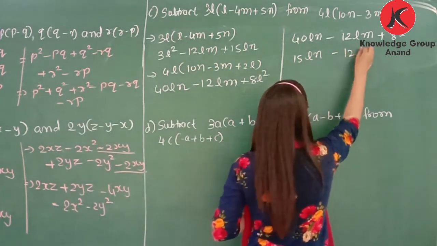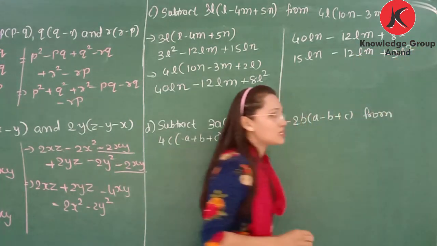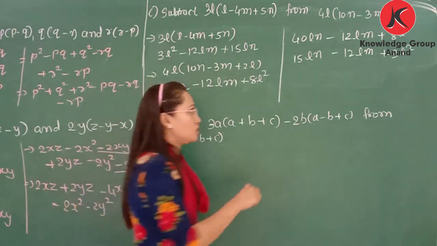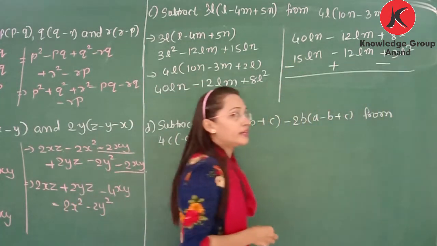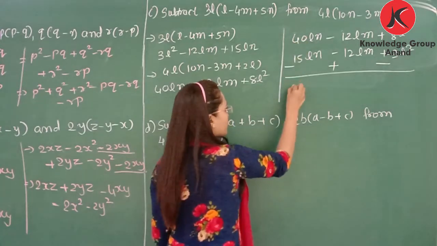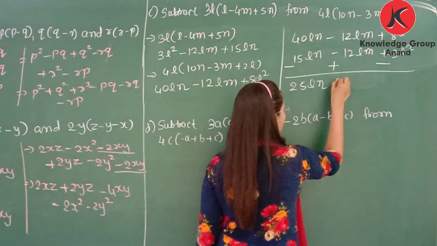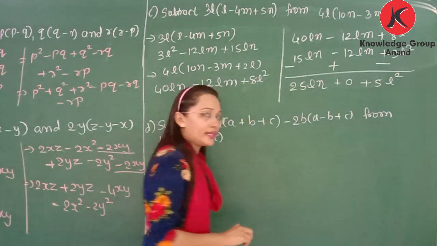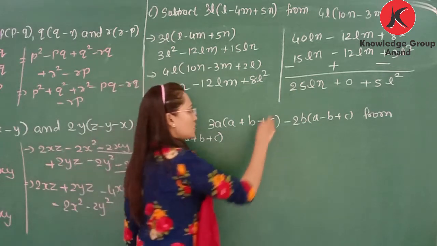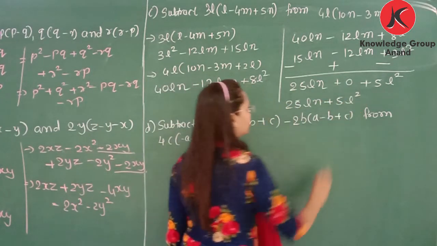So we can write here 3ln. Now in the subtraction, signs need to change. So here minus, plus, minus. Now 40 minus 15 is 25ln. Minus 12 plus 12 will be cancelled out. So it is 0 plus 5l square, 8 minus 3 is 5. So the answer is 25ln plus 5l square.